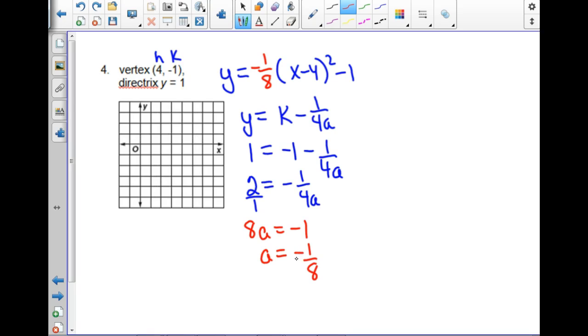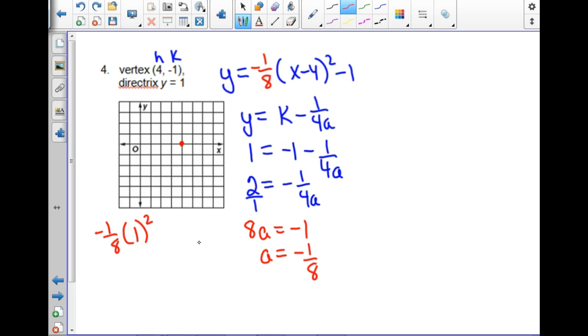Now you should know immediately that that means the parabola is going to open down. Let's make sure that happens. So we'll go to our vertex for number 4. I'm still going to show you the 1 squared, 2 squared method. I think we're getting the hang of this. But we have to take negative 1/8 times those.